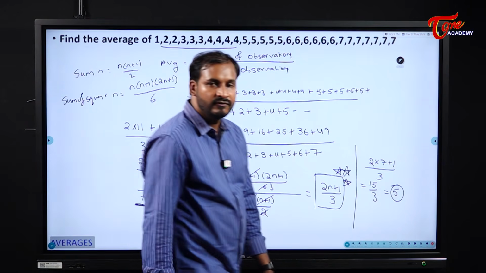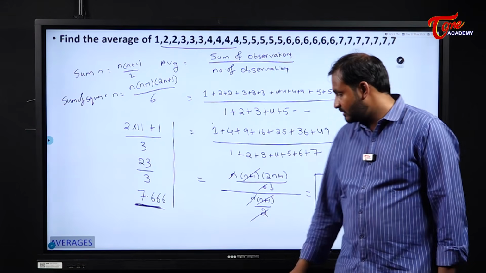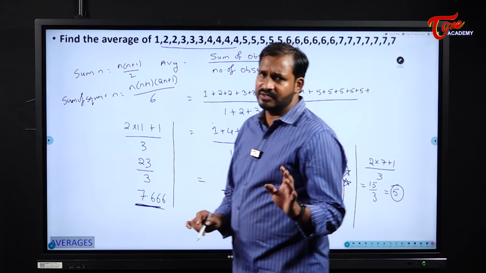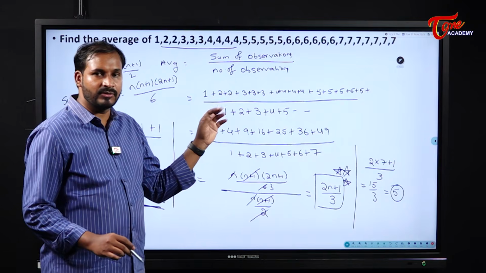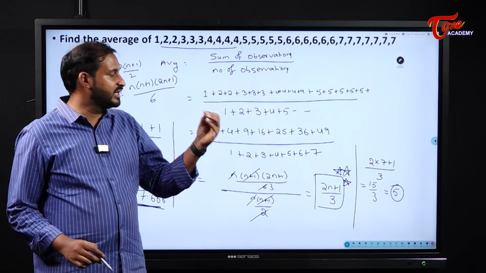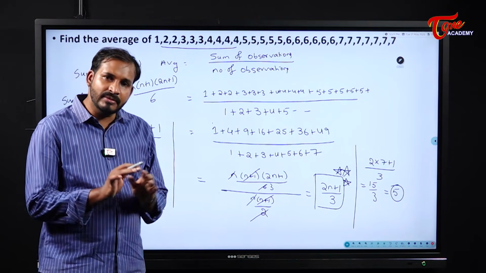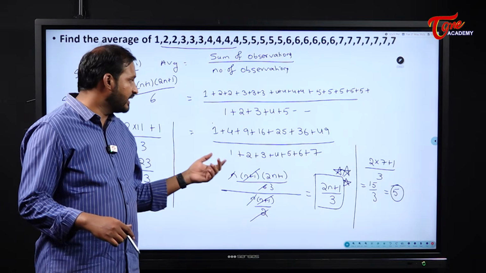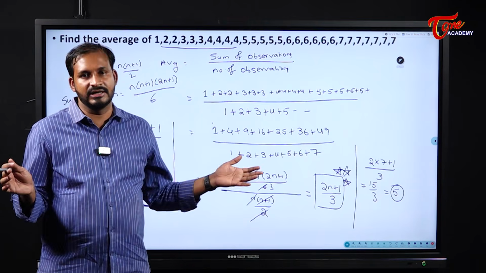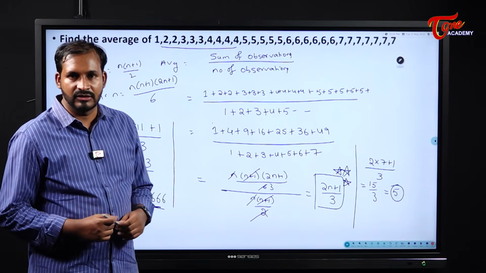So the average of those numbers will become 7.6. So this is the only observation, students. Whenever you see this type of problem, immediately you should get the idea of this one. If you don't remember the formula, it is also fine. At least try to write these two in the examination hall and quickly you will get the formula and solve the answer. Okay?